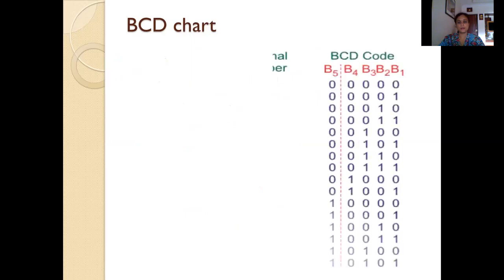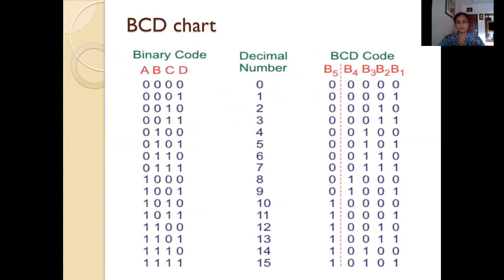Now let us see this particular chart in which I have shown the decimal numbers and along with that the BCD code, or binary coded decimal, for each of them. If you see, the decimal numbers from 0 to 15 are considered here, but the decimal digits are actually from 0 to 9, and for those you can see the BCD codes with the bits B1, B2, B3 and B4.